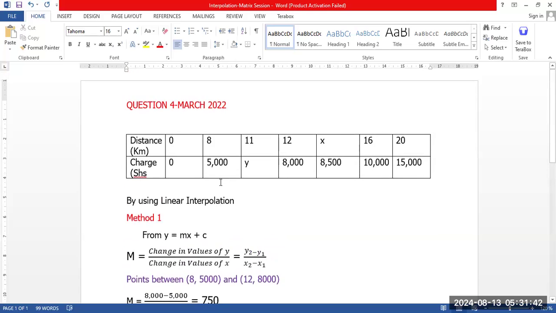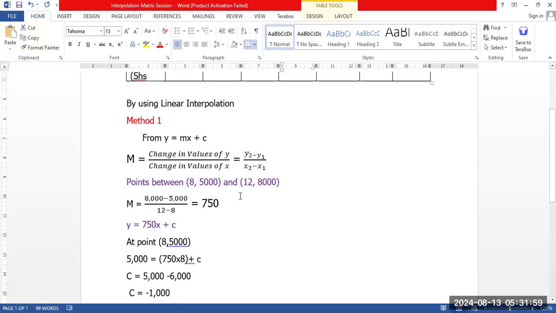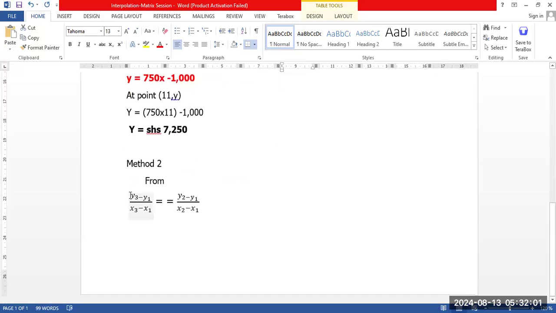So you come back to your table. This is your table. This is X1, X2, then X3. This is Y1, Y2, then Y3. You substitute in this formula and get the unknown. So we can substitute.